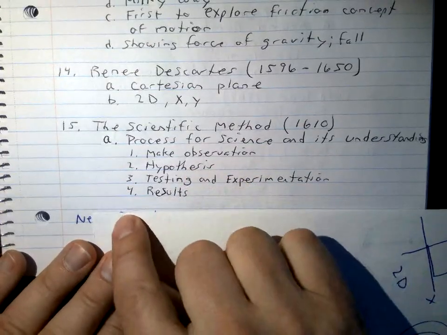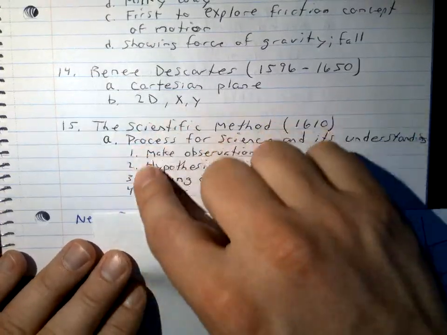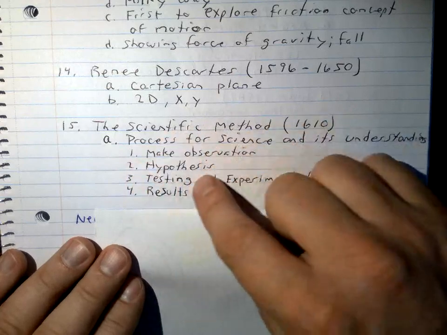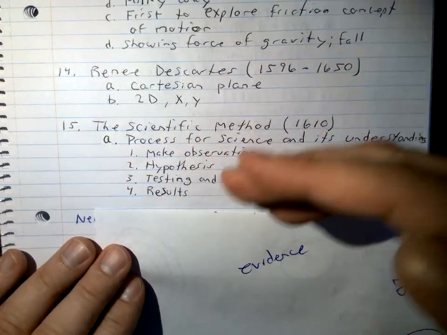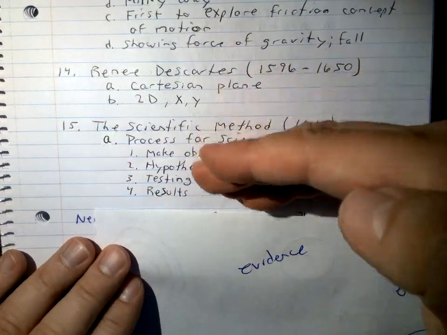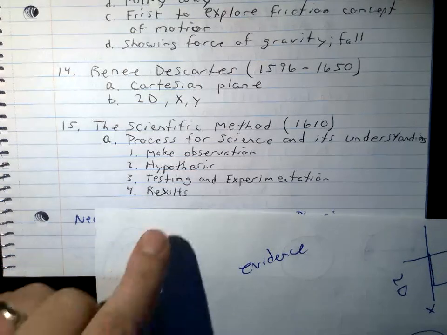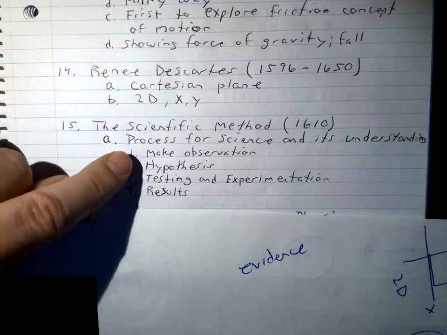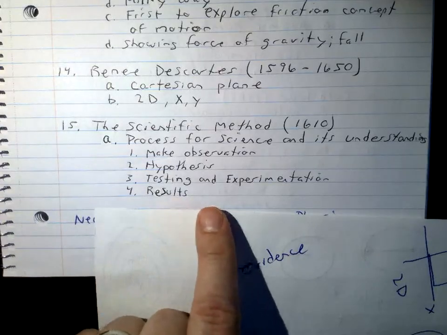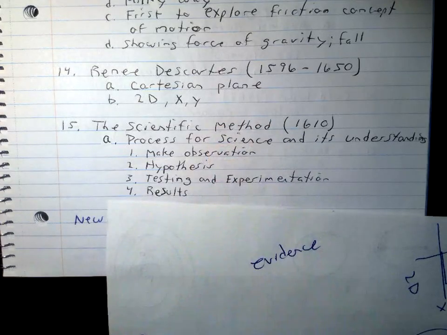This is actually very movable, so there are things you can add, but this is the process that you have to agree on. I know there's a couple more things, like if your results don't verify your hypothesis, you have to go back to your hypothesis and retest.